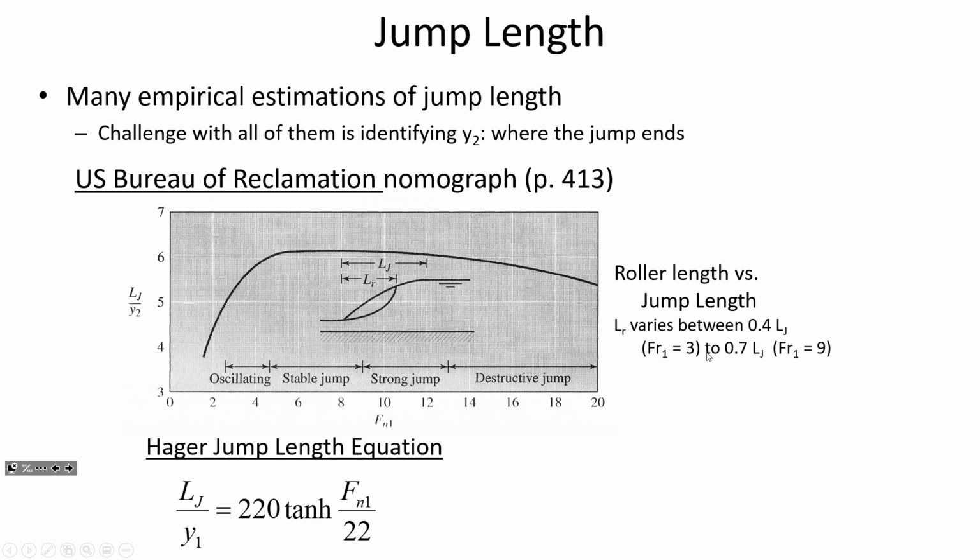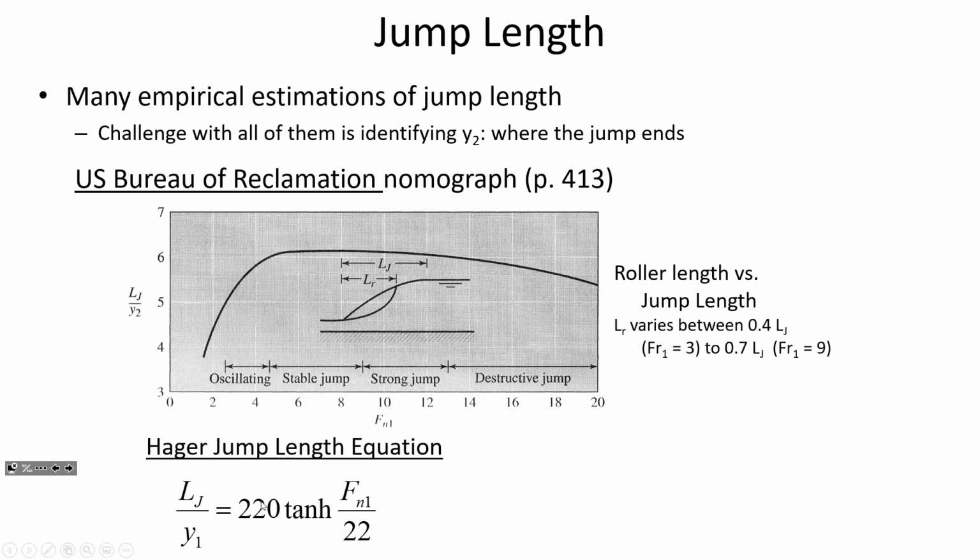There's something called the Hager jump equation, which makes use of the hyperbolic tangent function to calculate the length of a hydraulic jump. Again, it's dependent on the Froude number and knowing, in this case, the upstream depth.